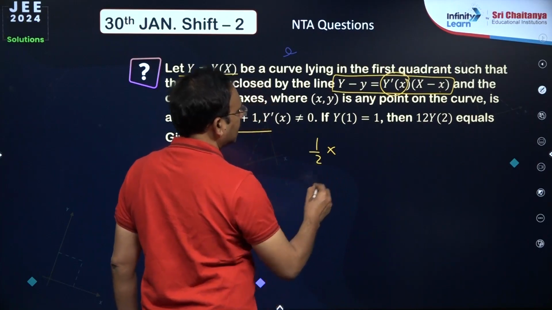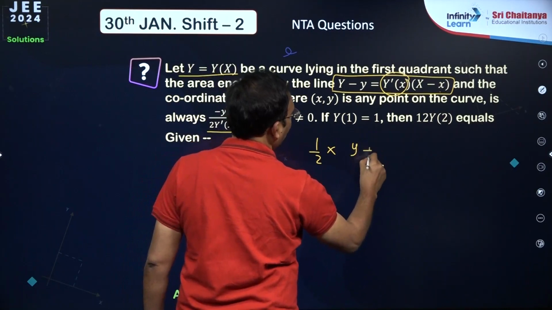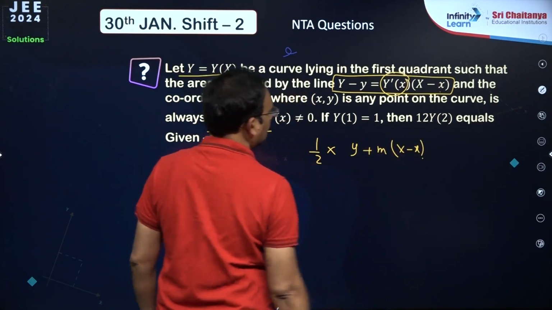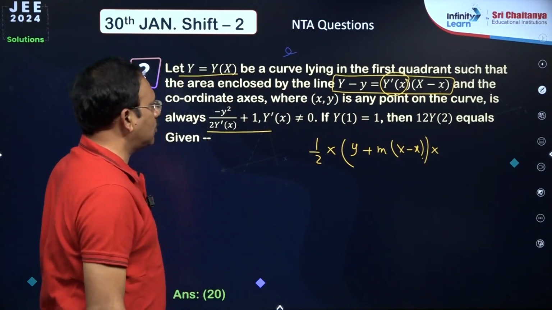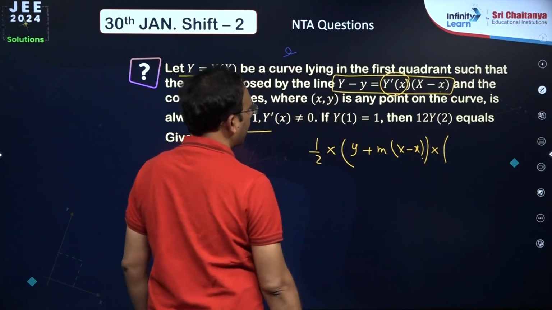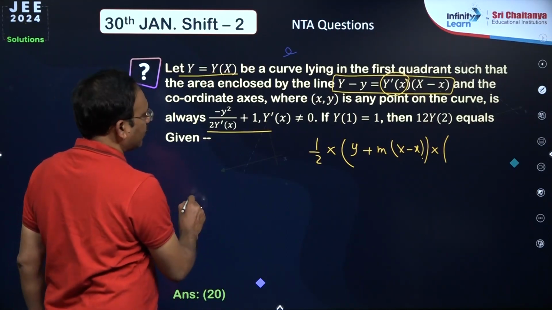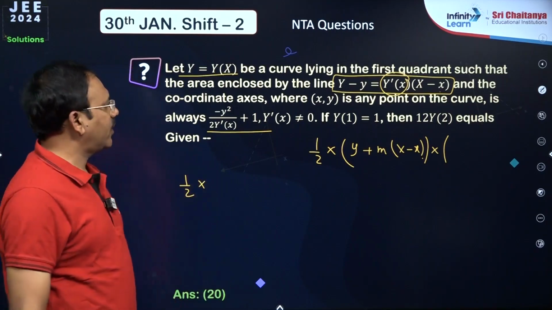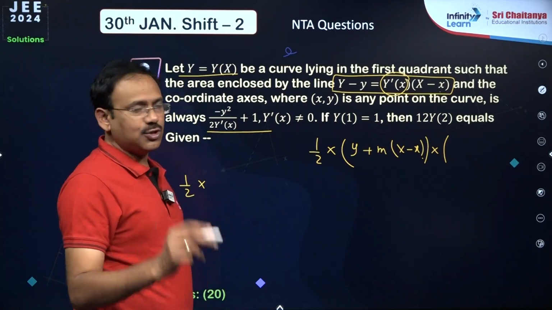So, my dear friends, if you put y is equal to 0 here, this is going to be y plus m into capital X minus x, and y-intercept is going to be, put x is equal to 0, you are going to get y value like, yeah. So, I can say here, my dear friends, so area of the triangle is going to be half into x-intercept into y-intercept for a line. X-intercept in the sense, put y coordinate is equal to 0.